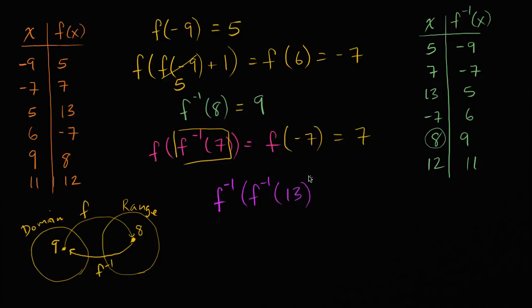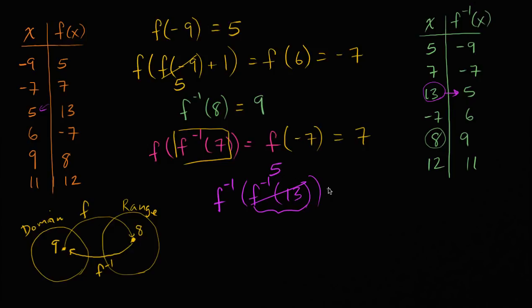What is that going to be? I encourage you to pause the video and try to figure it out. Well, what's f inverse of 13? Looking at this table right here, f inverse goes from 13 to 5. And you see it over here. F went from 5 to 13, so f inverse is going to go from 13 to 5. So f inverse of 13 is just going to be 5.